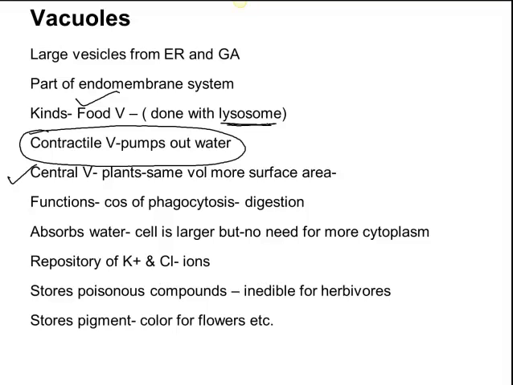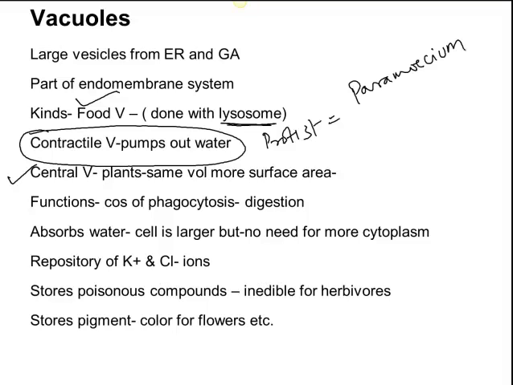Now, the contractile vacuole is seen very clearly in a protist called paramecium. It is responsible for taking out excess water, so it maintains the cell with a certain amount of water and nothing more than that. Okay.